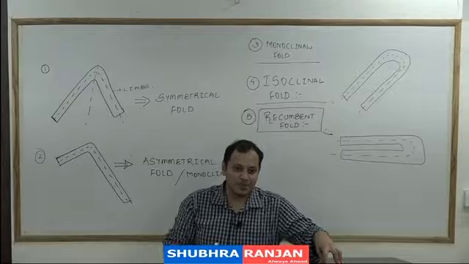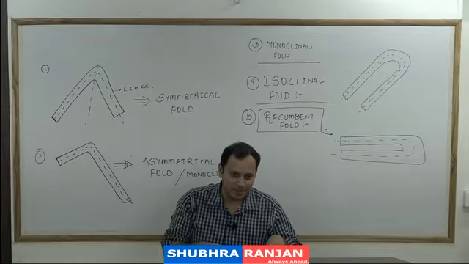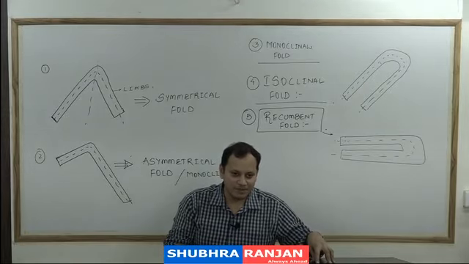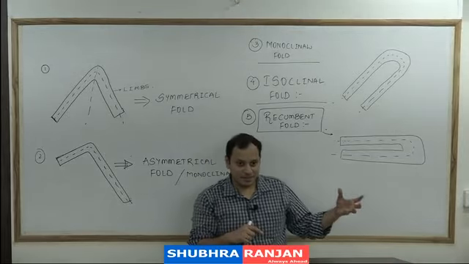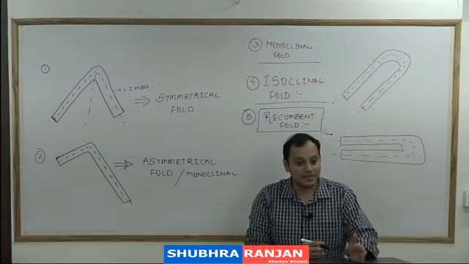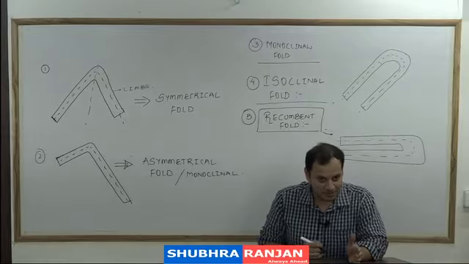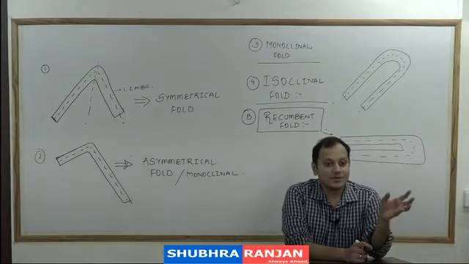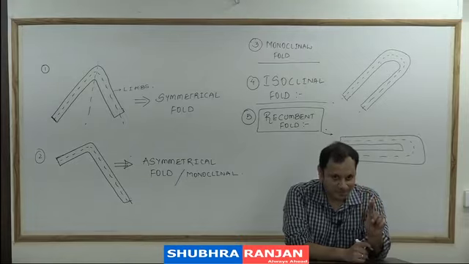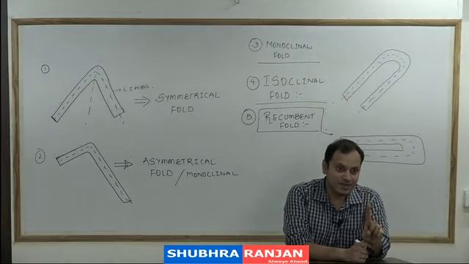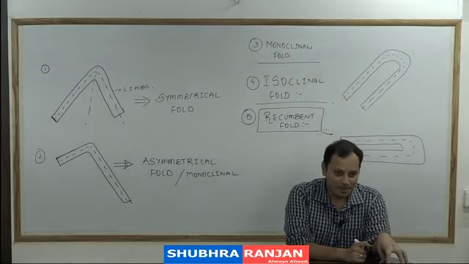Monoclinal fold, entire Himalayan range. Recumbent fold matlab kya? You will have to go home, do the definition properly, understand it with the help of plate tectonics, because we have finished the plate tectonics, and then you will have to come to this. Fine? If you don't understand after that, then you can come and ask me.